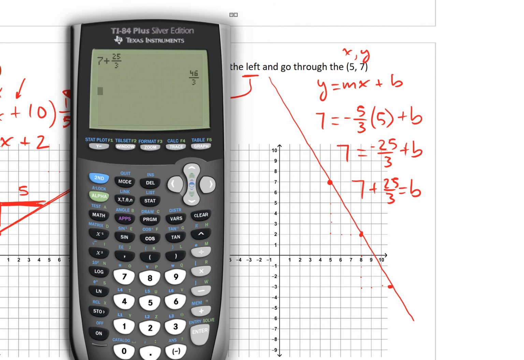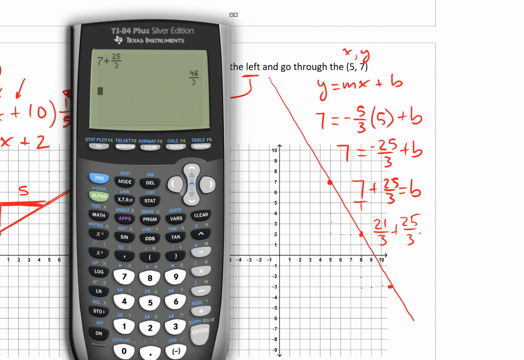And that is the most simplified version. Wait a minute, 46? I can't divide 46 by 3 evenly? No, I can't. I can divide it by 2, but not by 3. So that's the simplified version. By the way, you don't have to use a calculator, right? This number 7, I could multiply 7 over 1 times 3 over 3 and get 21 thirds plus 25 thirds.